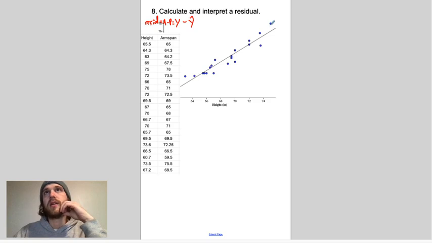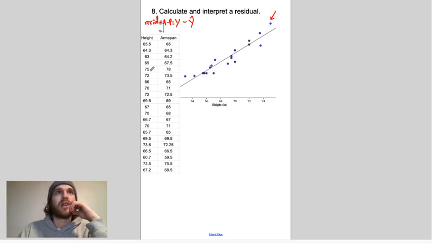Let's calculate the residual for this data point right here. So it's the actual minus predicted. That means that any point that is above the line should give us back a positive residual. What the least squares regression line does is it minimizes the sum of all of the residuals squared, and that's where we were drawing those squares.